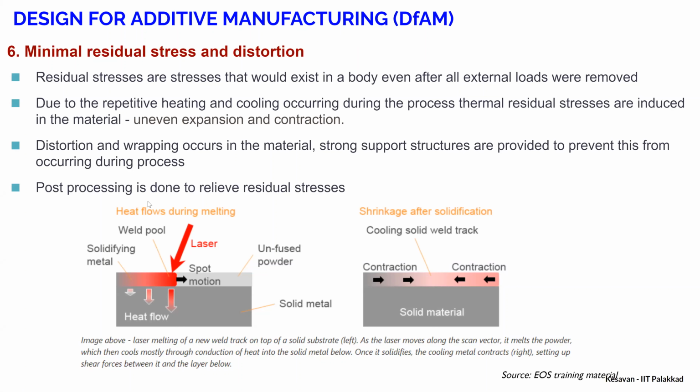Those residual stresses are formed because of uneven expansion and contraction, and the temperature difference between the previous layer and the present layer. So you need to carefully choose your laser heat input, and the way the laser is interacting with the material, powder or solid, is what determines what magnitude of residual stress is introduced.